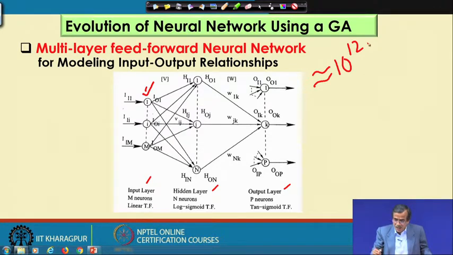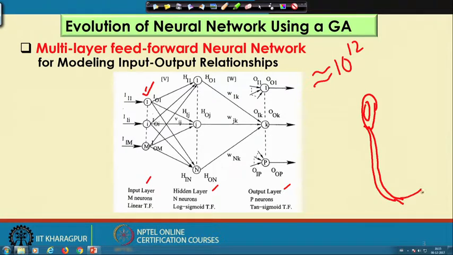Now, in a biological neuron, we have got one cell body or the soma. For example, this is the cell body or the soma, and we have got one long fiber, and this is known as the axon. This is the cell body or the soma, and here we have got a few dendrites.